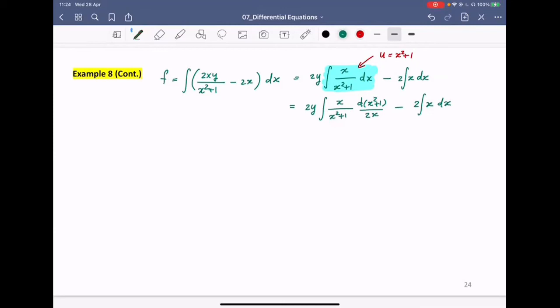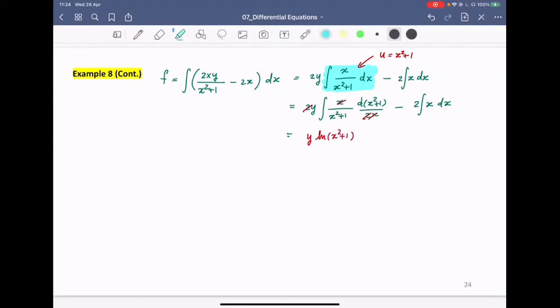And then after that, you're going to have 2y here. So at the end, the 2 and 2 cancel. You're going to get y times the integral of 1 over x squared plus 1 d(x squared plus 1), which is log of x squared plus 1.